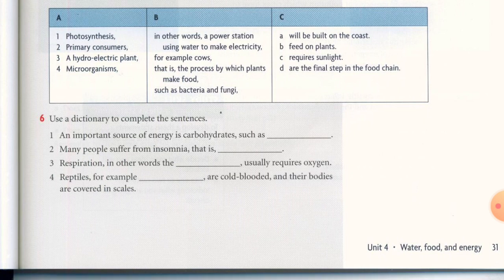Use a dictionary to complete the sentences. An important source of energy is carbohydrates such as pasta or potatoes or rice.